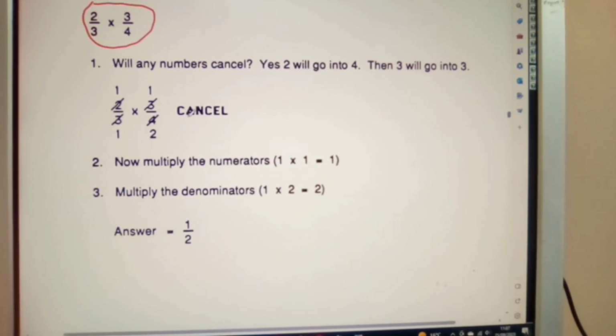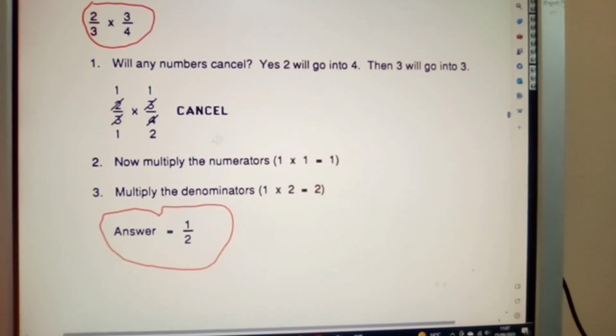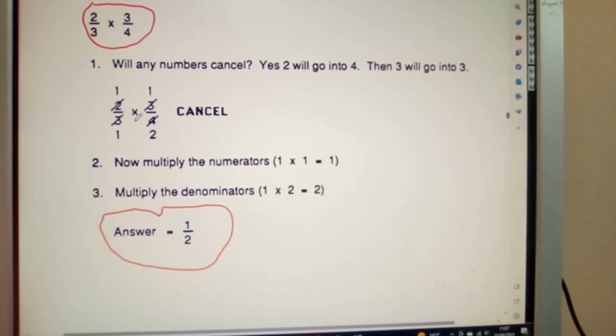It cancels down, and you can see that that will come down to this. It would equal a half. By cancelling out the 3, that leaves you with 2.